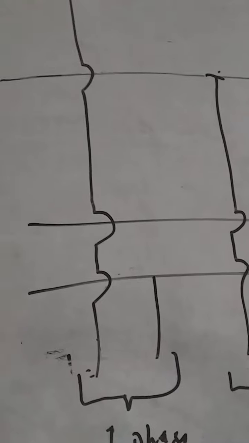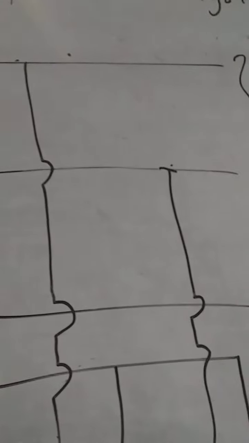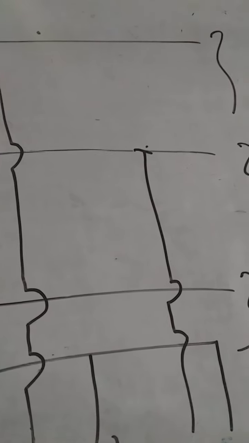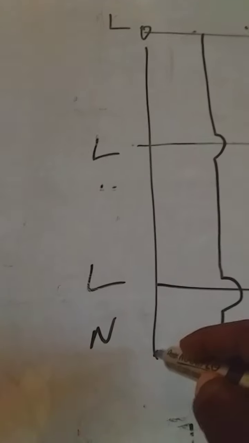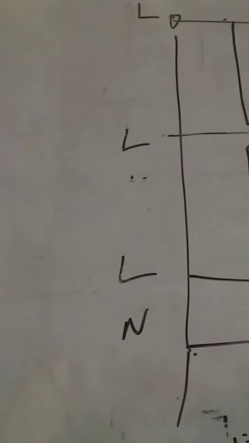So then also, when you have all these three phases, this line 1, 2, 3 are the three phases of the supply, and you can have it all connected together and earthed.